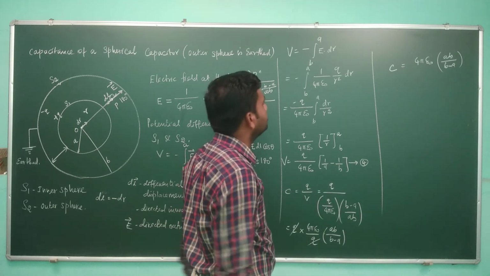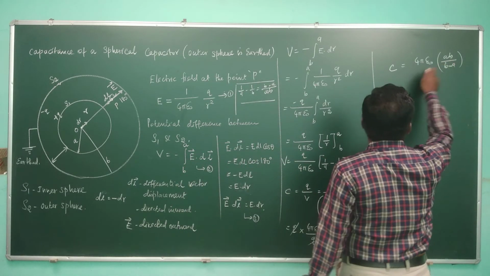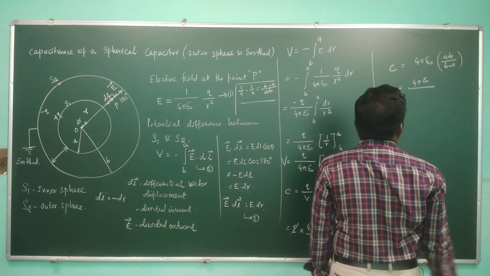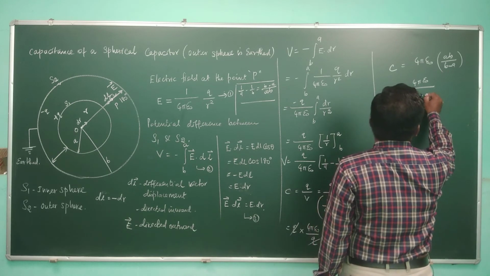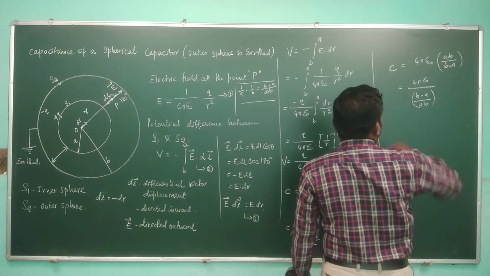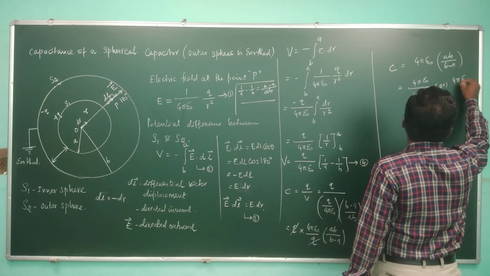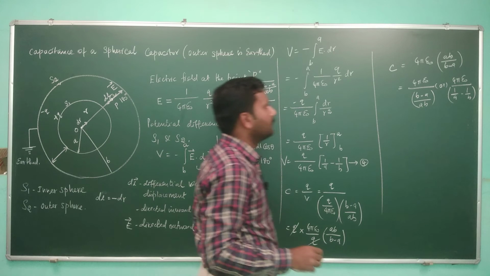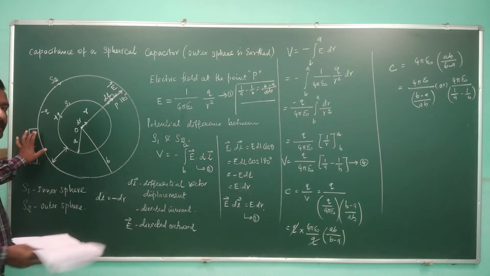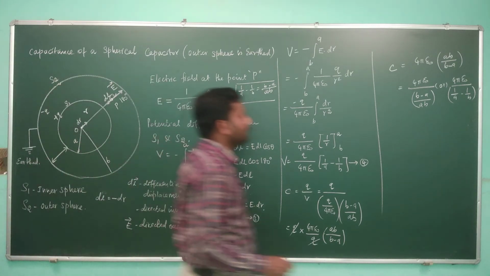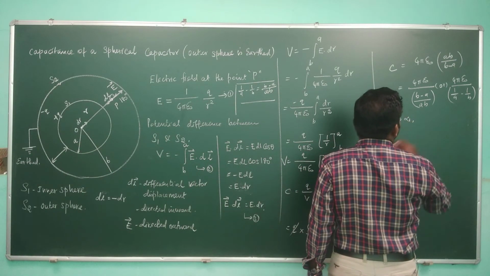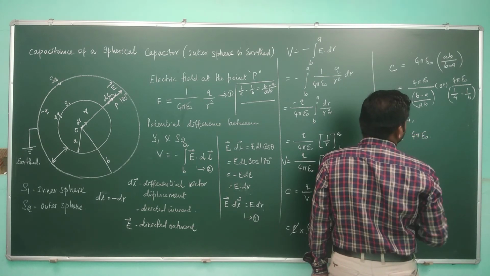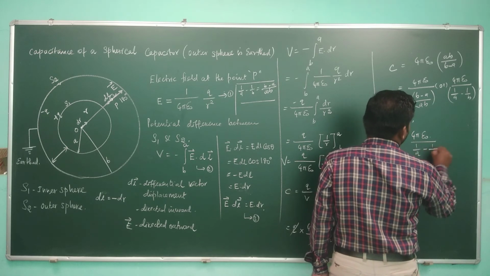Or if you bring this to the denominator, it will become 4 pi epsilon naught by B minus A by AB, or in the original form 4 pi epsilon naught 1 by A minus 1 by B. Suppose the outer sphere is located at infinity, that is, if B tends to infinity, this equation becomes C is equal to 4 pi epsilon naught 1 by A minus 1 by infinity.